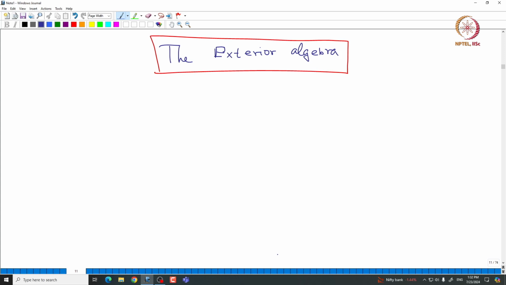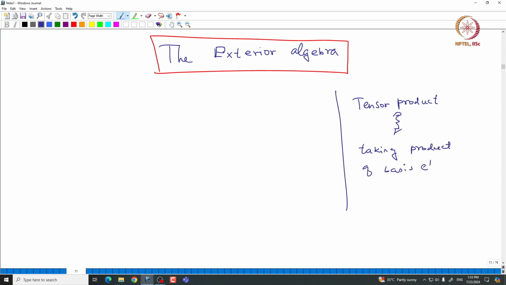What we are interested in is this: if we take the product of elements from the capital V, that should be thought of as taking tensor products, just simply taking the products. The tensor product should be thought of as taking the product of basis elements.